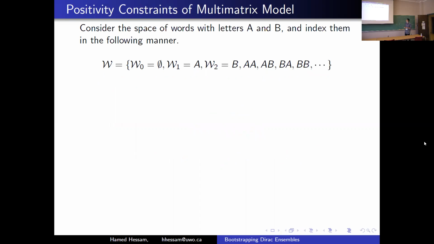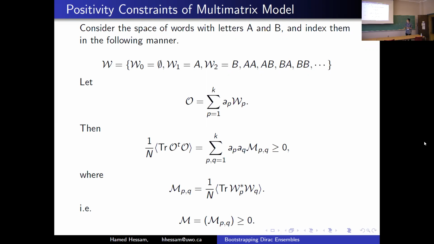Then the positivity constraints. Again, if you make a set with all the possible words with A and B, this set becomes the basis of a vector space. The inner product is given by 1/n trace of the transpose of one word times the other word. It becomes positive definite.